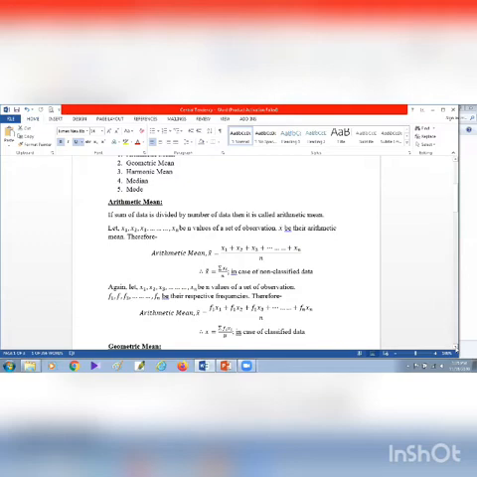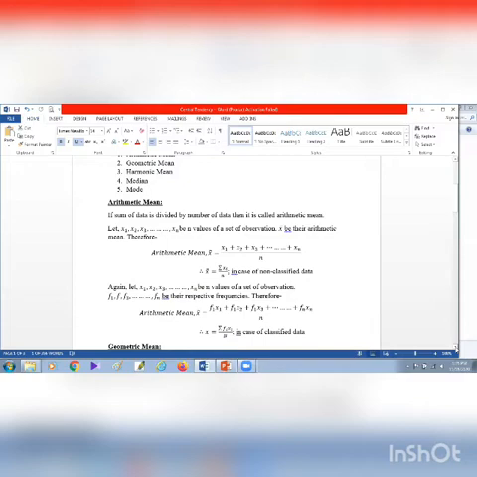When x1, x2 up to xn are n values of a set of observations, their arithmetic mean is denoted by x bar, which is equal to x1 plus x2 plus x3 plus up to xn divided by n, shortly written as x bar equals summation xi divided by n, where i equals 1 to n. This is for non-classified data.